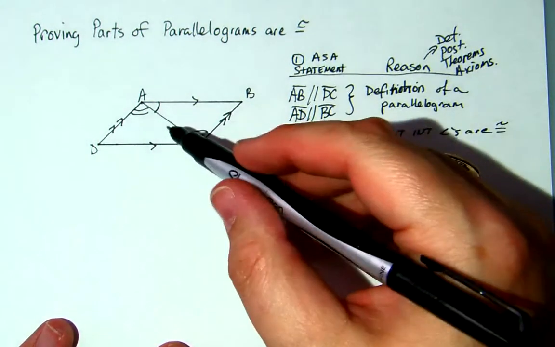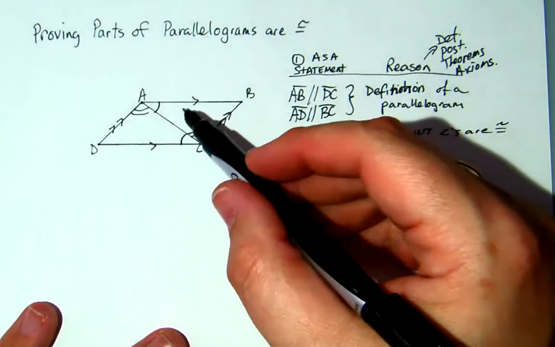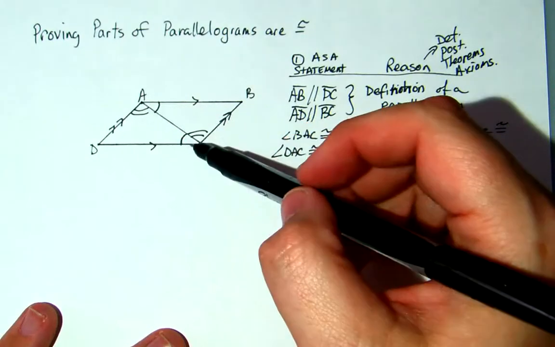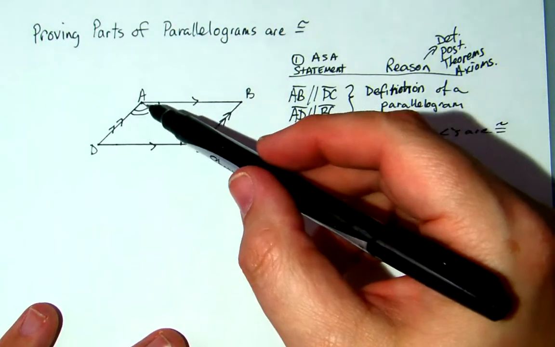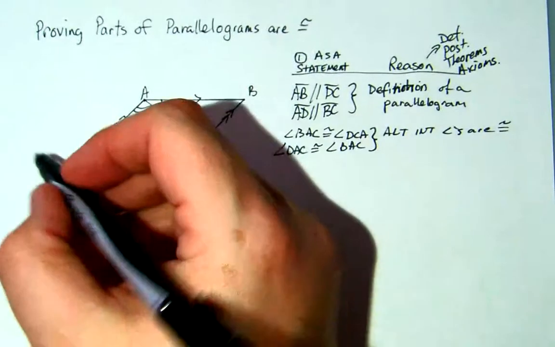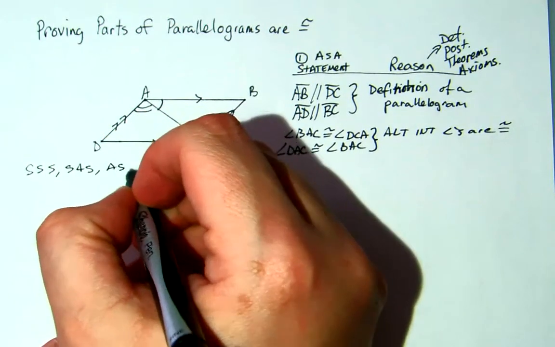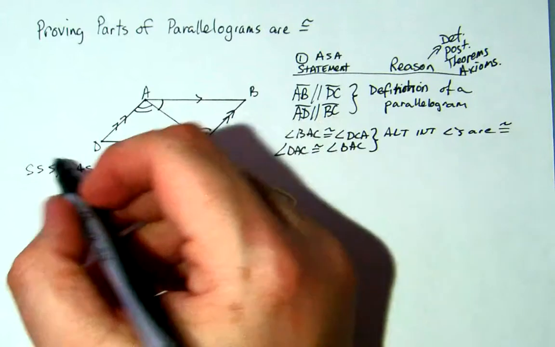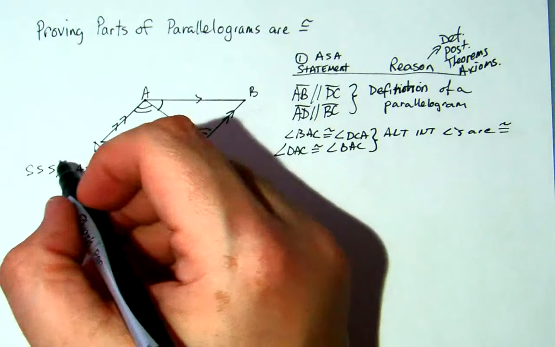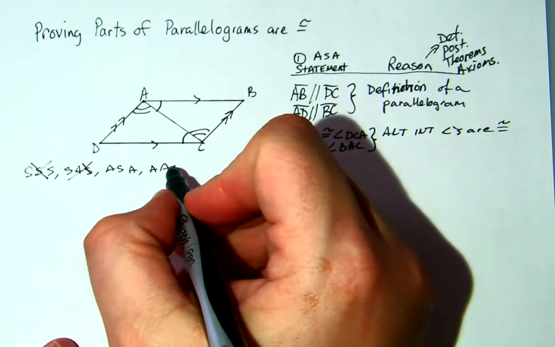Now, I have two angles, and since I'm proving that triangle ABC is congruent to triangle ACD, I can only use side, side, side, side, angle, side, or angle, angle, side. In this case, since we're going after the parallel lines and finding two angles, we don't want to use side, side, side, or side, angle, side. We could use angle, side, angle, or angle, angle, side.